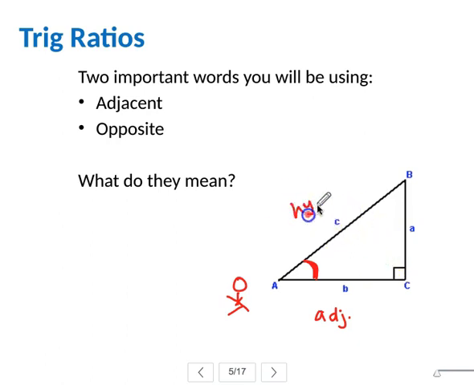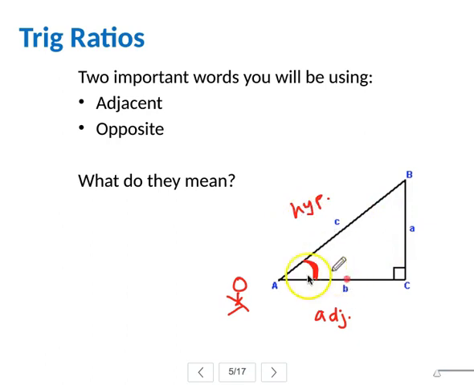So this side here is always going to be the hypotenuse. The hypotenuse cannot also be the adjacent leg. It can only be one thing. It's always the hypotenuse. So the adjacent leg to angle A would only be this side B right here. Remember, this one is only the hypotenuse.